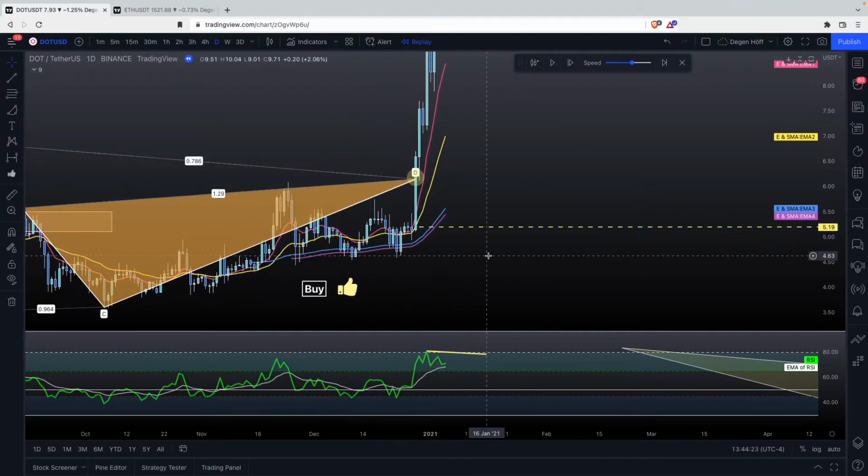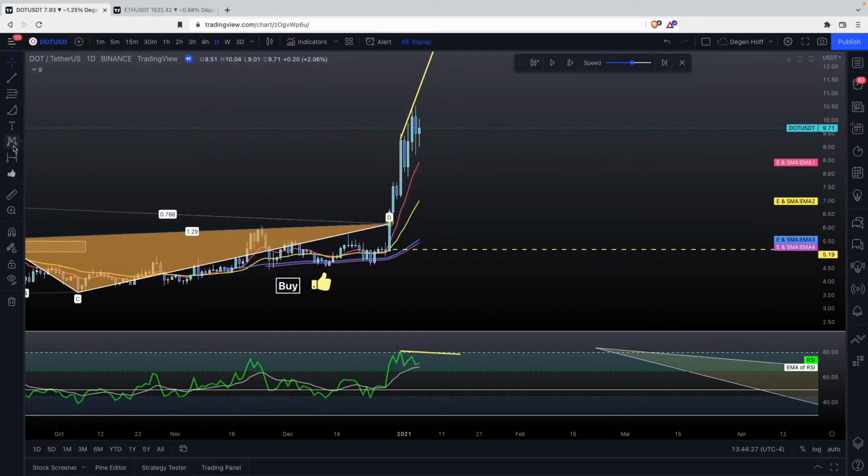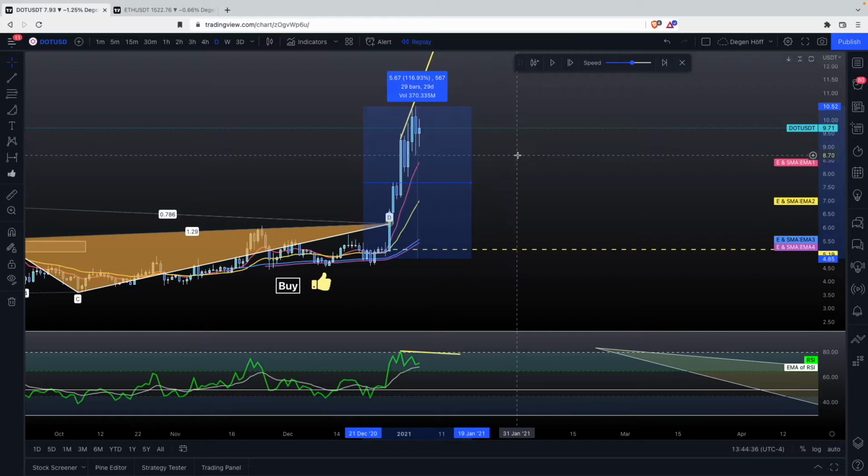But based on the entry over here, that next move was real impulsive. It would have been somewhere around here, let's say from here, it's like 116.